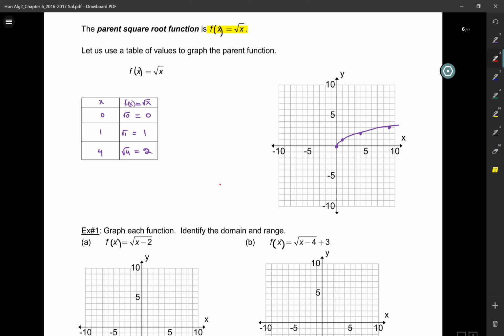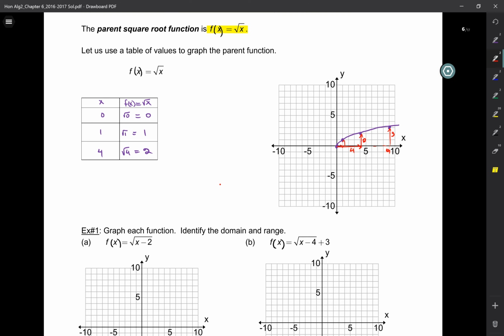From the initial point, 0, 0, if I go over 1, how much do I go up? 1. And then what's the next step? I would have to go over 4 to go up 2, and then I would have to go over 9 to go up 3, right? And you could always do that.